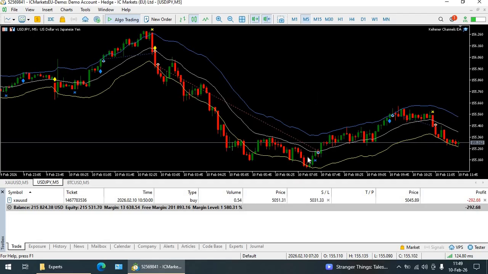It was a nice short position here, a very successful one, and when this candle closed above the midline, the signal to close the trade was generated, this blue X cross, and the trade was closed at the opening of the next candle.